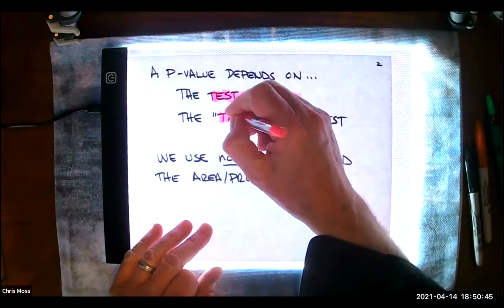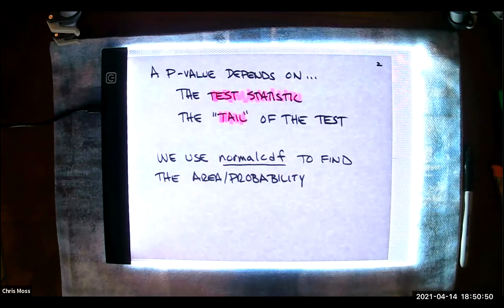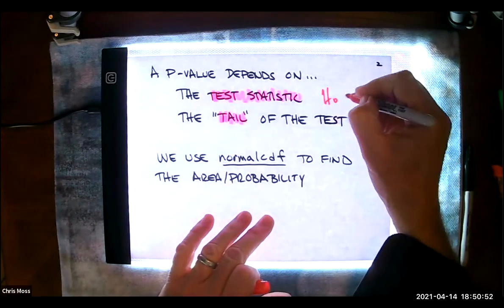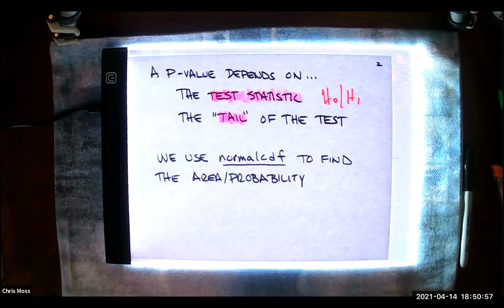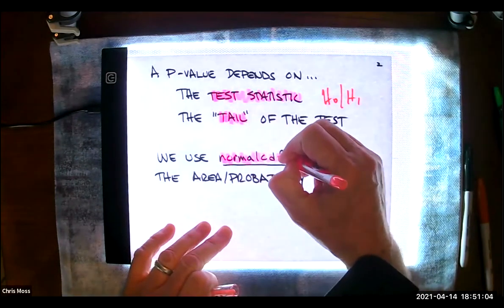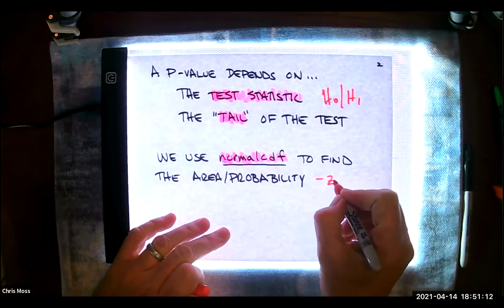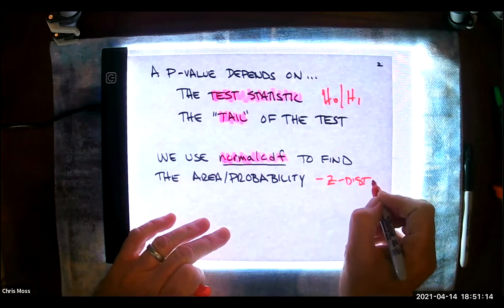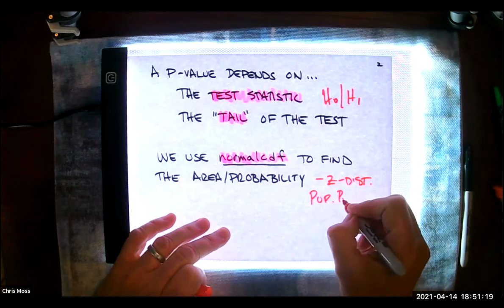So I've got to take into account the tail, which means I need to interpret the null and the alternative hypothesis, because they play a big role here. So we use the normal CDF to find that area probability. I use this for the Z distribution only, and that's for population proportions.